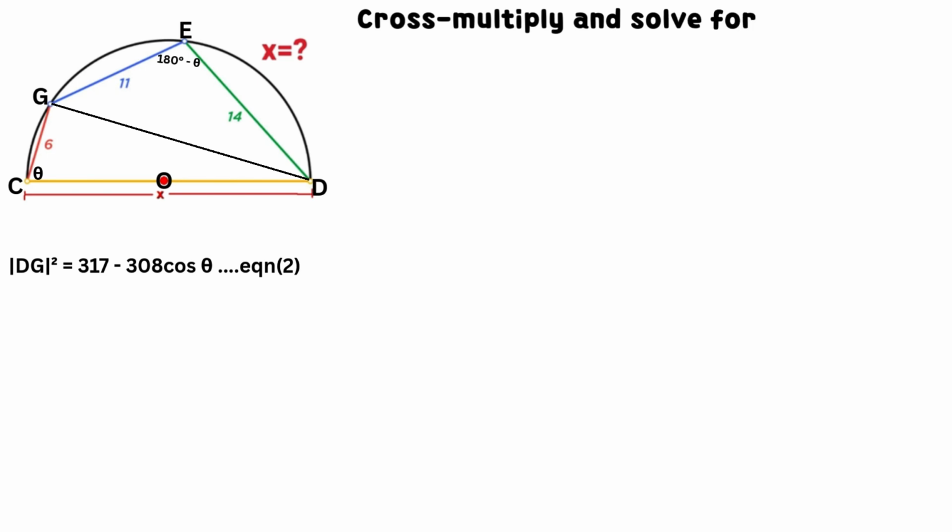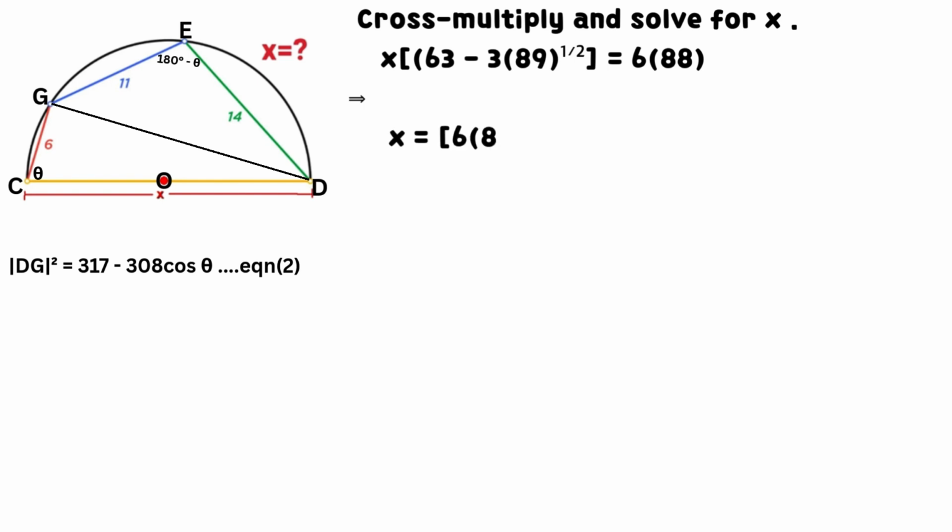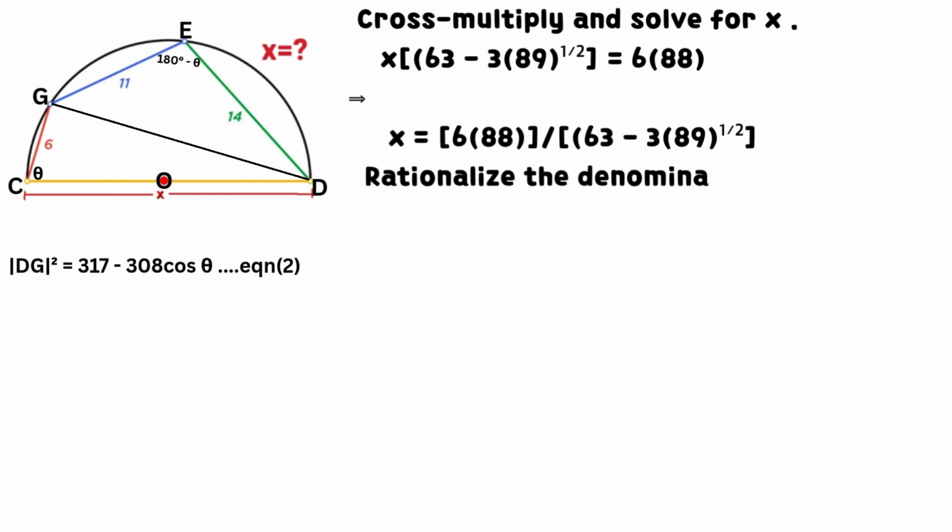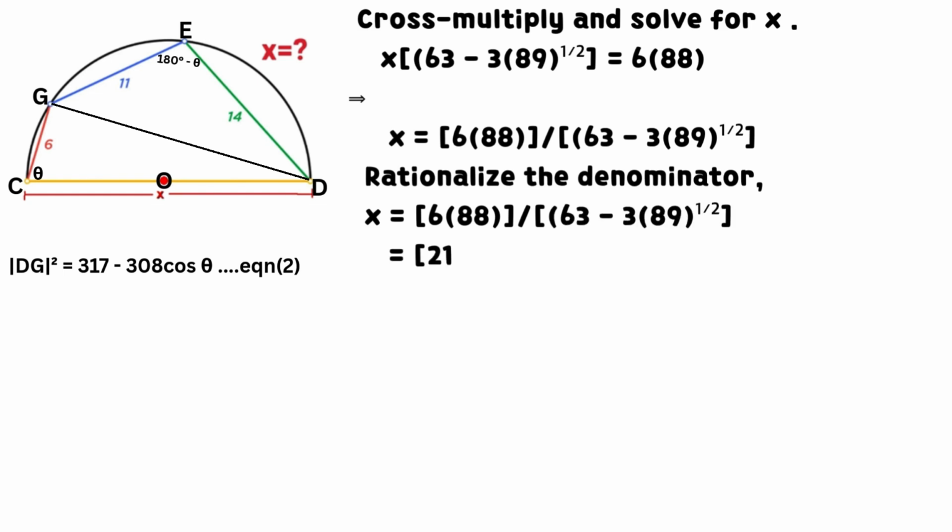Cross-multiply and solve for x. We have that the product of x and 63 minus 3 times the square root of 89 equals 6 times 88. This implies that x equals 6 times 88 all divided by 63 minus 3 times the square root of 89.